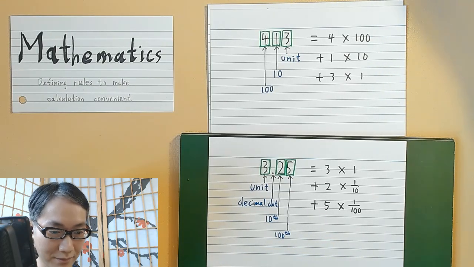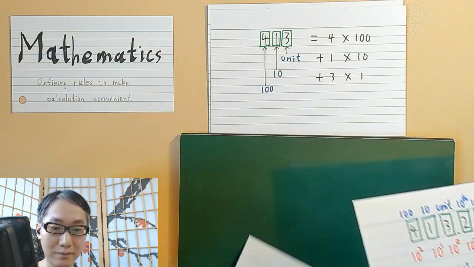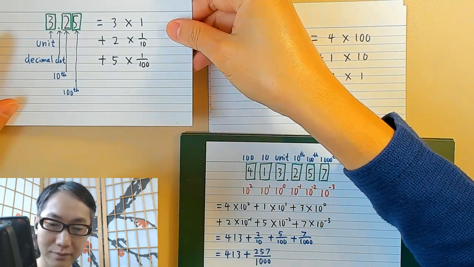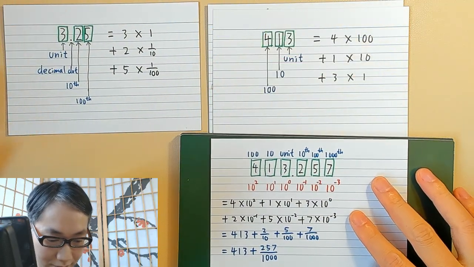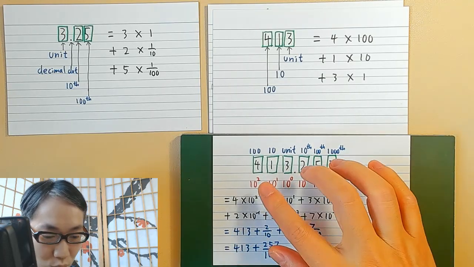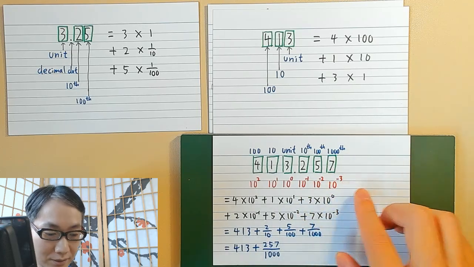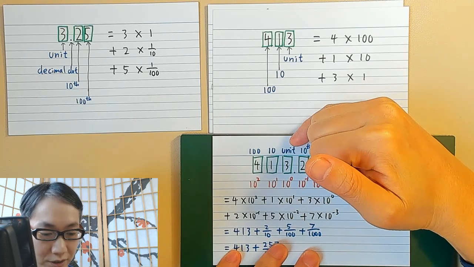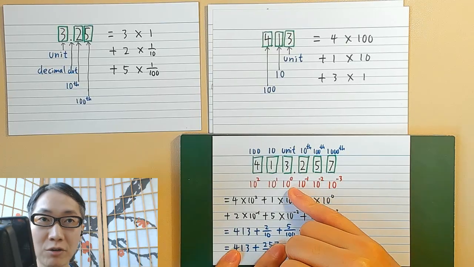And so if we look at everything together, the values of digits are actually arranged in indices. This is the unit digit, so this is times 1; the unit is times 10 to the power of 0.